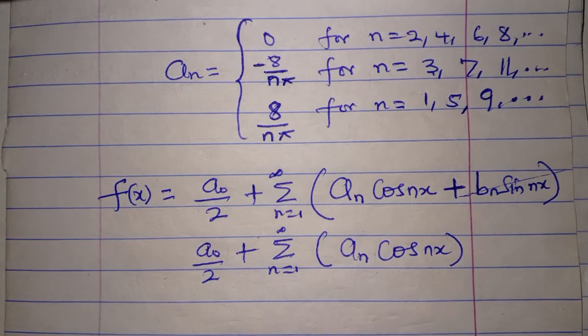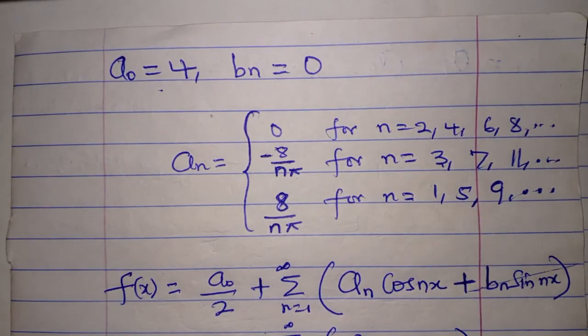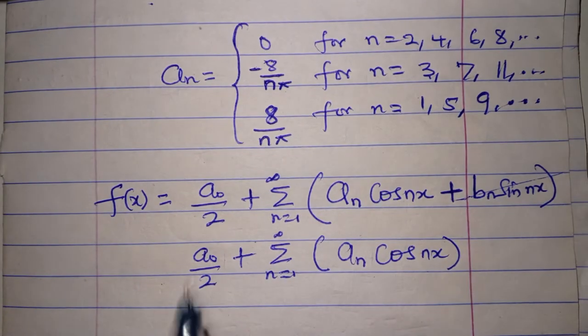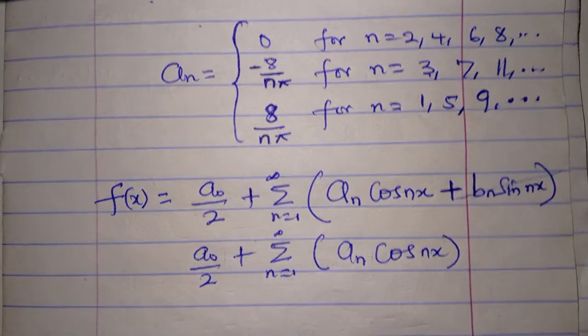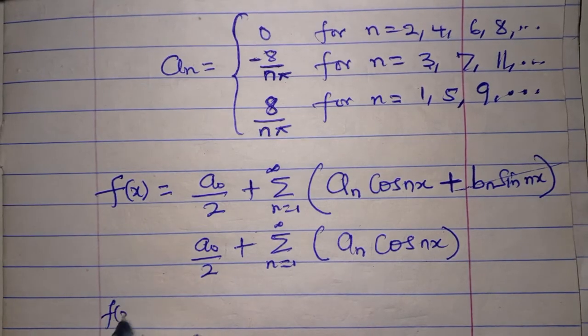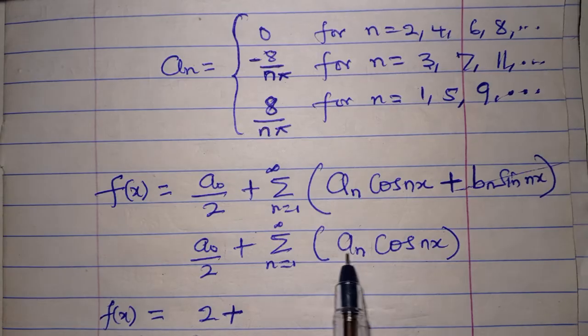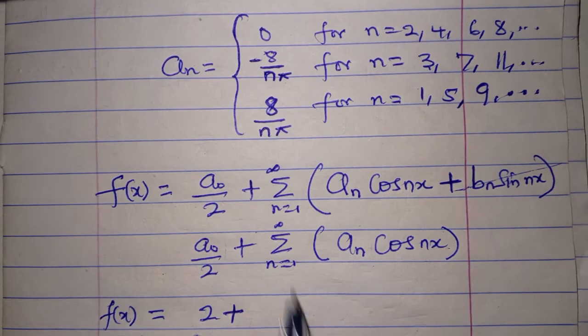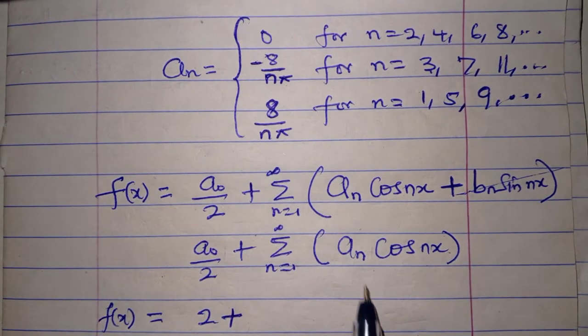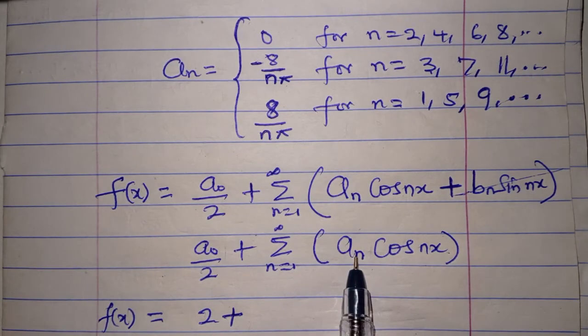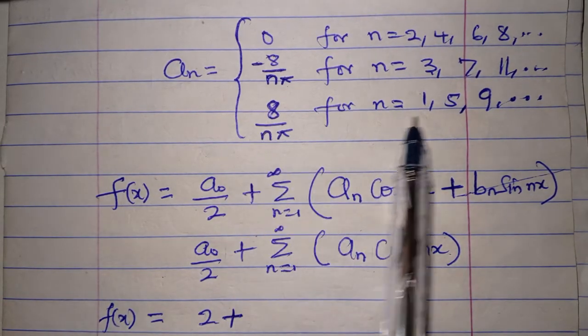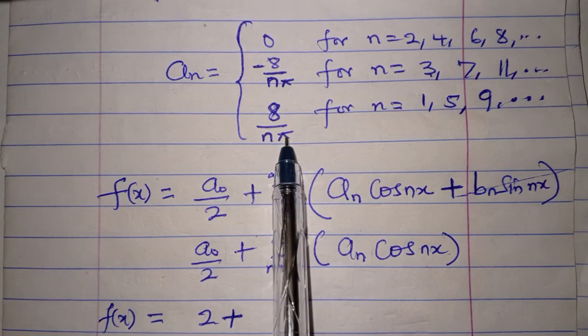So a naught is 4. We got a naught equal to 4. So 4 divided by 2 is 2. f of x is equal to 2 plus, let us take the summation of this for different values of n. When n is equal to 1, what is a sub n? This is it, 8 over n pi.